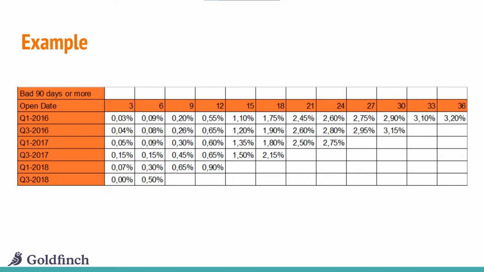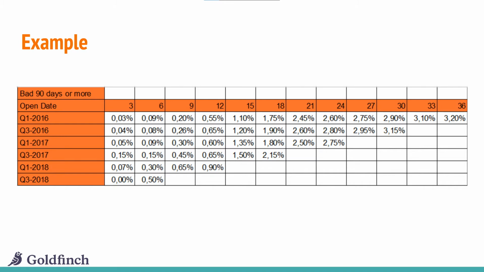Let's check some examples. We consider that customers with 3 months or more past due are bad customers. We have 6 different open periods and the data for them. A 36 month window starting from first quarter of 2016. First quarter of 2016 is the period when accounts were opened and we have their performance in the next 36 months.